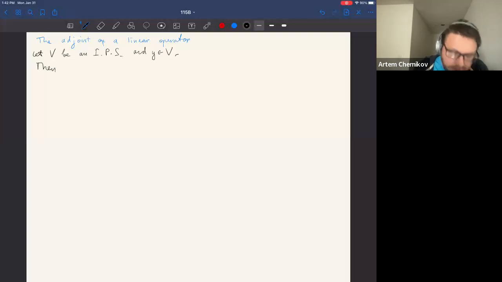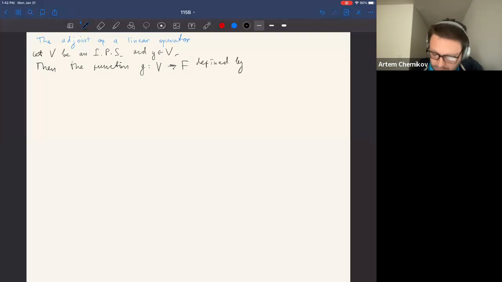Then we can consider a certain linear function, namely the function g from V to F defined by g(x) equals the inner product of x with y. It's a function which takes a vector x and sends it to the inner product of x with y. We assume that y is fixed.